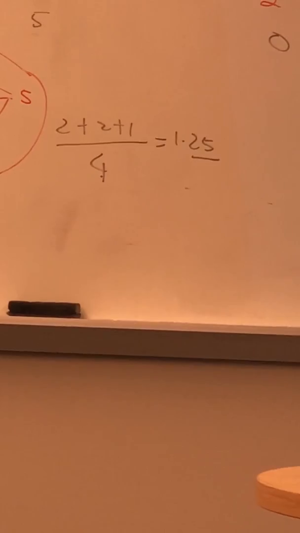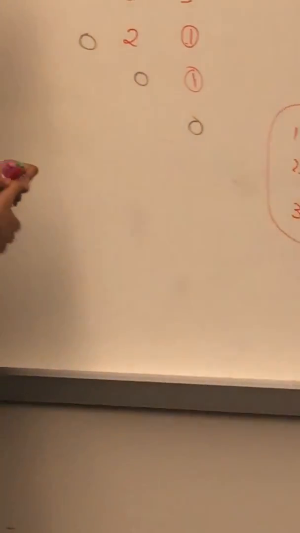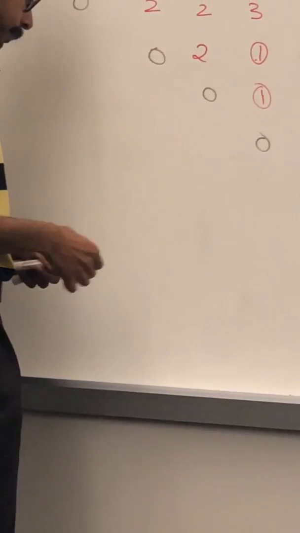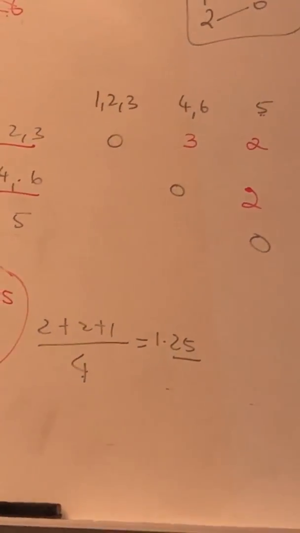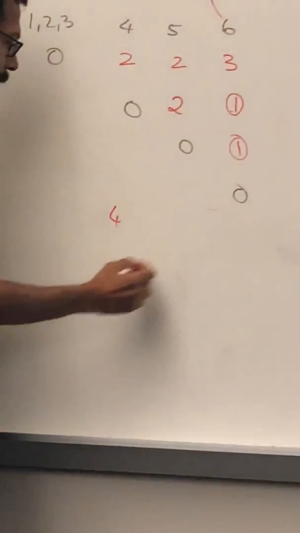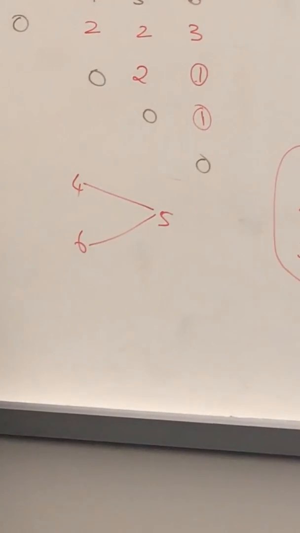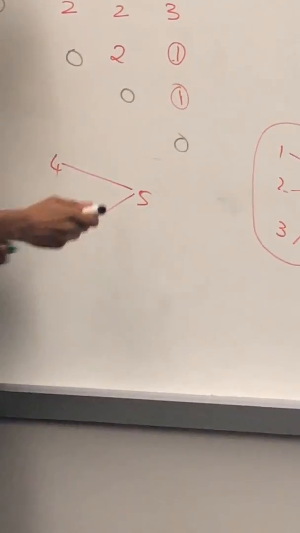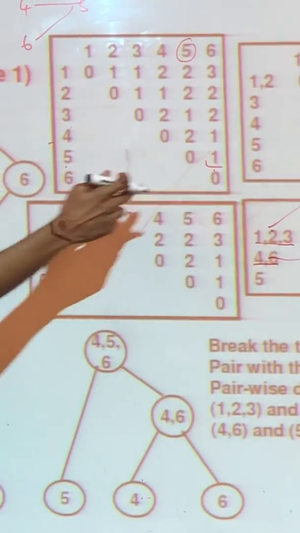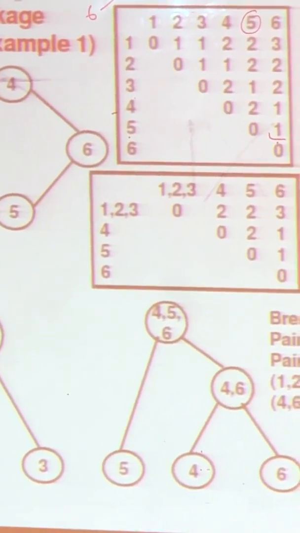Okay? The other cluster vertex pair is what? What's the other cluster vertex pair? 4, 6 with 5. What is the pairwise distance here? 4, 5, the distance is 2. 5, 6, the distance is 1.